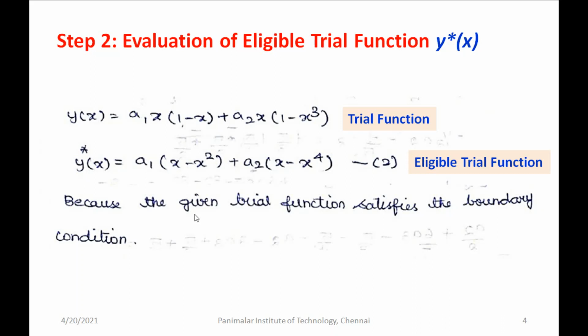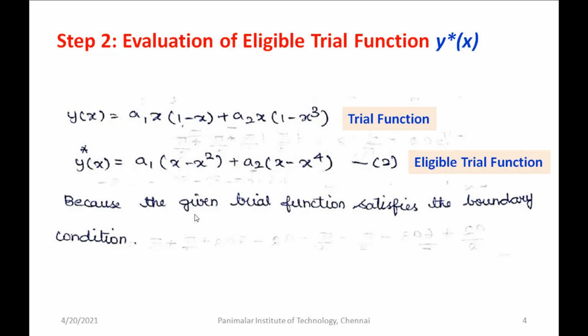But why they are giving this fourth order polynomial here is to improve the accuracy of the solution. That is important. When we use this fourth order trial function, it will definitely improve the accuracy of the solution obtained in this weighted residual method. Otherwise, for minimum accuracy, this problem can be solved by using the second order polynomial itself.